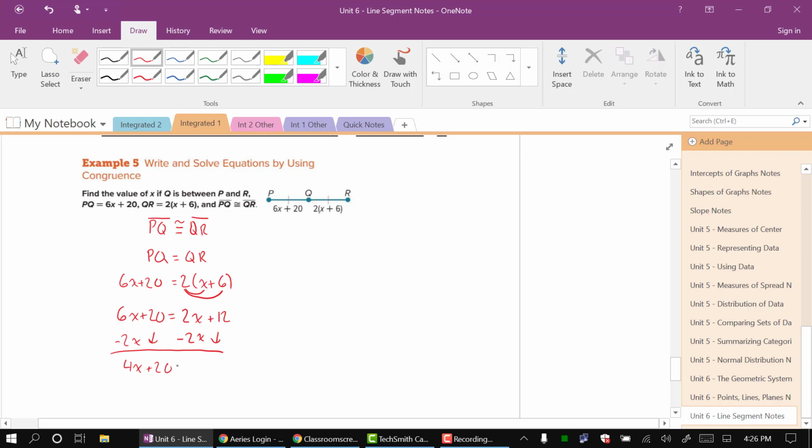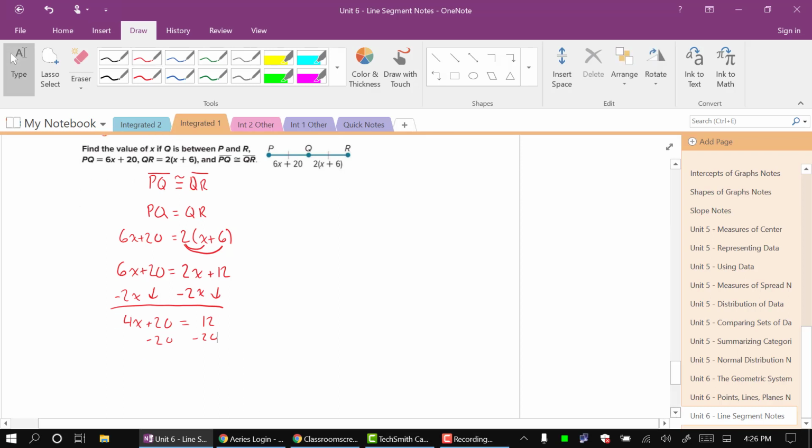plus 20 equals 12, minus 20. When I subtract 20 from both sides, that's going to give me 4x equals negative 8.